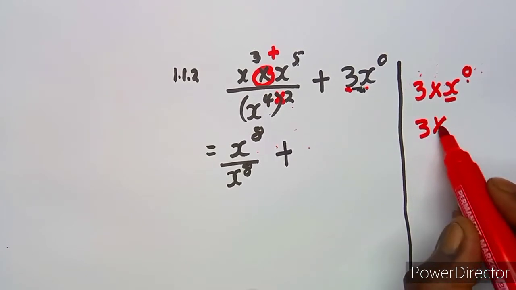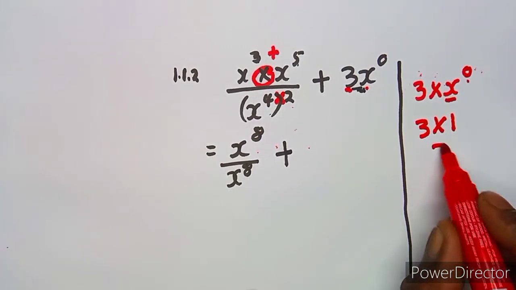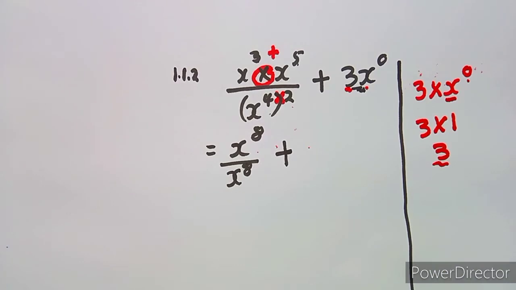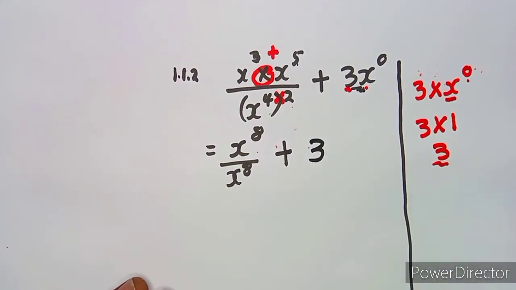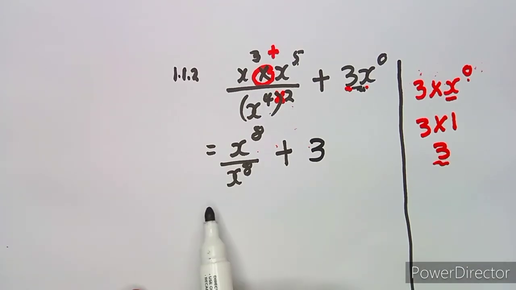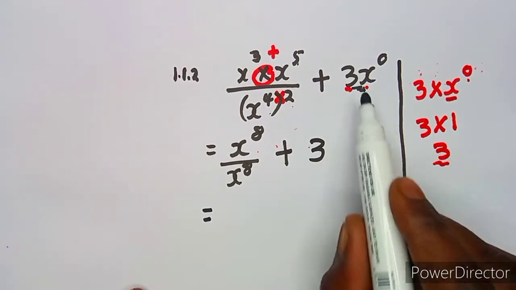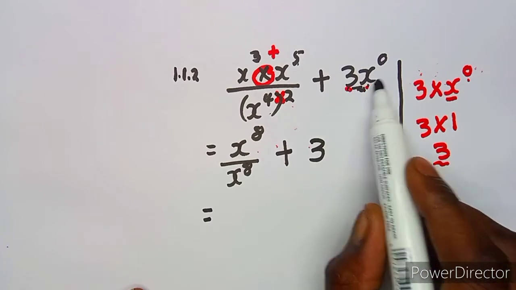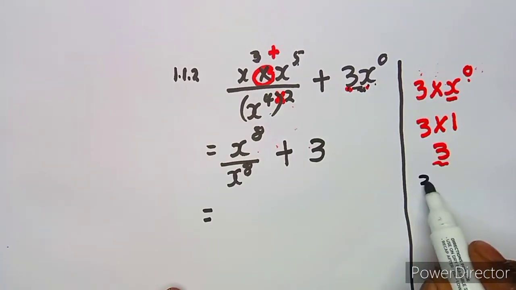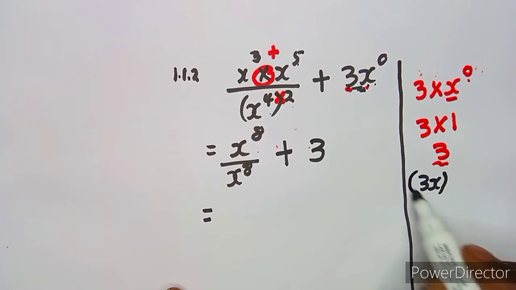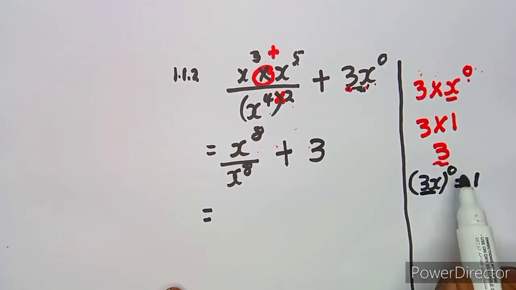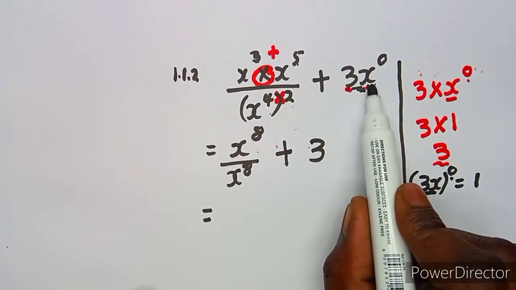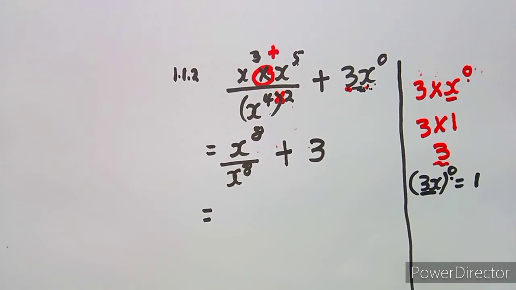So it's going to be 3 times 1, which is going to give us a 3. So here we are going to have a 3. Take note, guys, this is different from (3x) to the exponent of 0, like this. That one gives us a 1 because everything is raised to the exponent of 0. But on this one, it's only x which is raised to the exponent of 0.